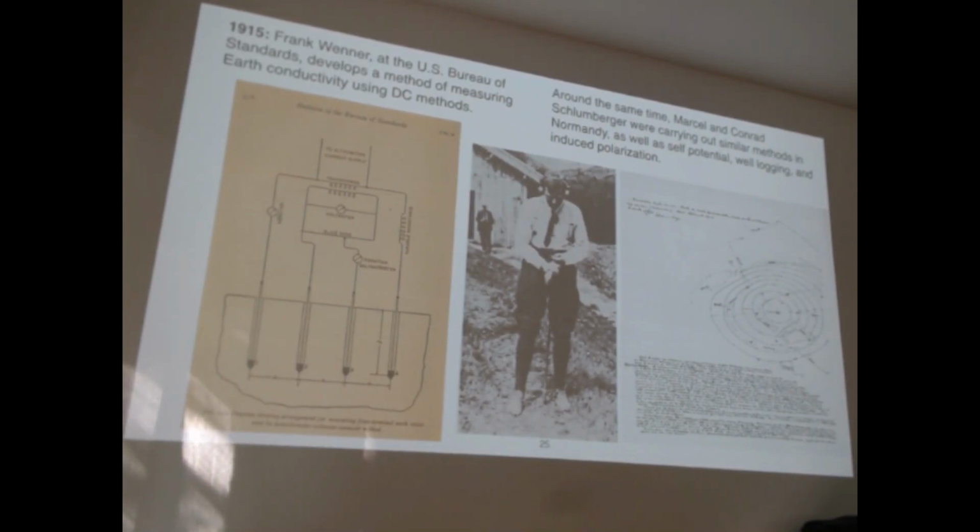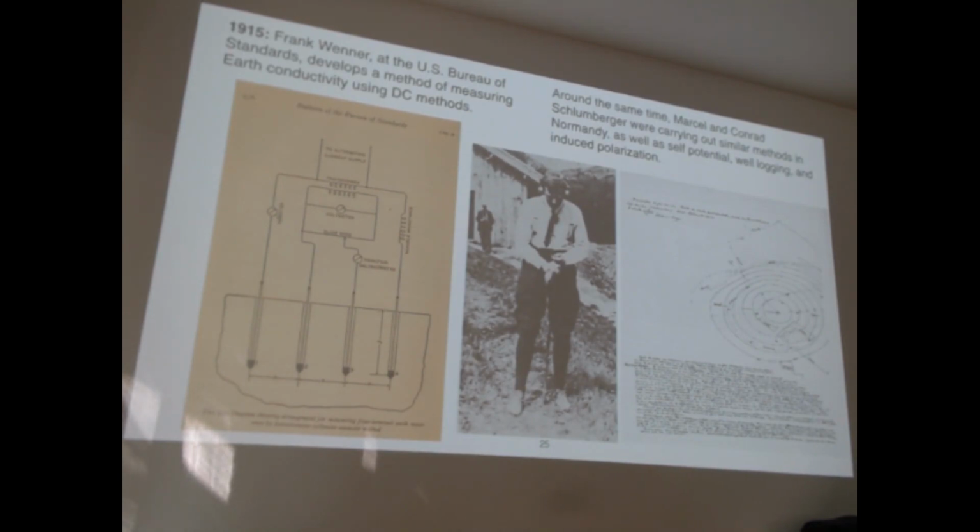Another thing of note in passing is the development of DC resistivity methods. Frank Wenner was working at the US Bureau of Standards measuring the electrical conductivity of materials, metals and so on.